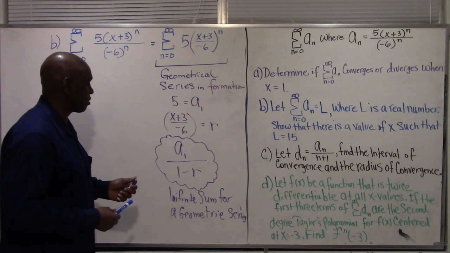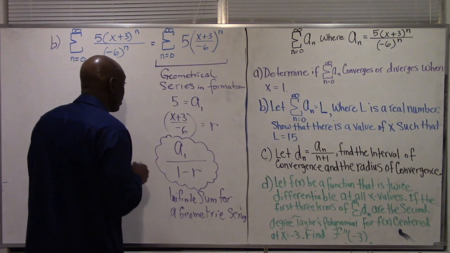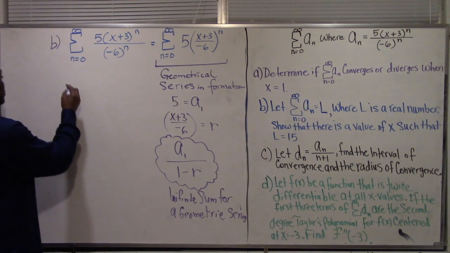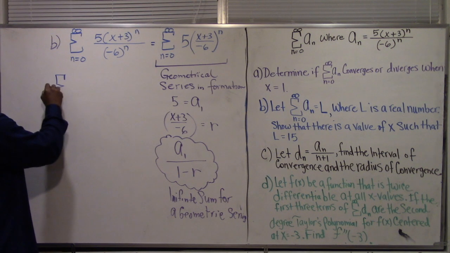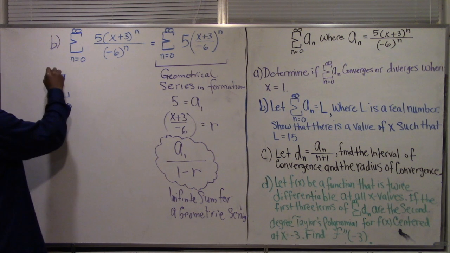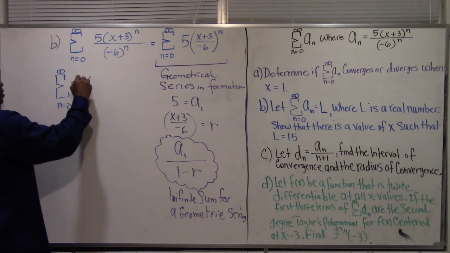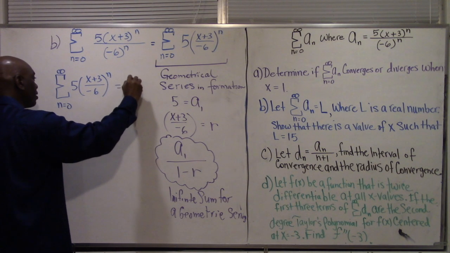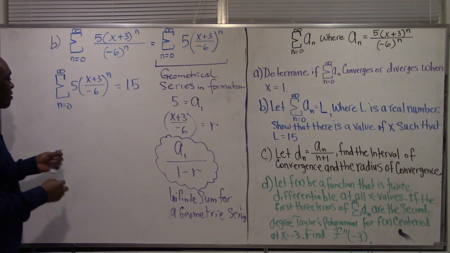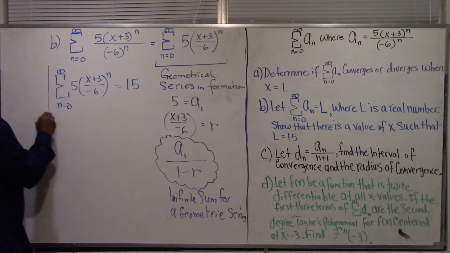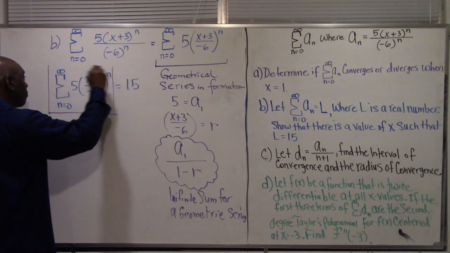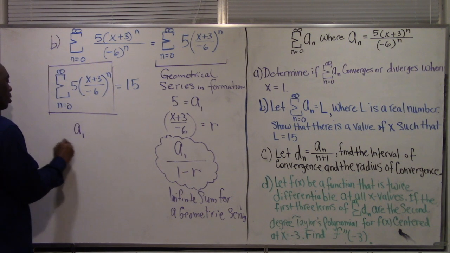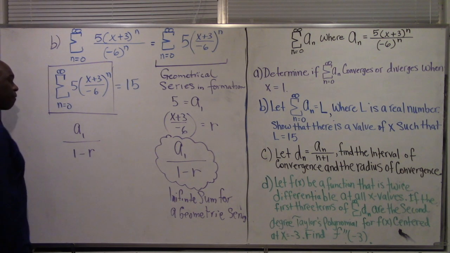So what we're saying in essence is that this right here equals 15. So the sum from n equals 0 to infinity of 5 times ((x+3)/(-6))^n equals 15. And if that's to be the case, then the infinite geometric sum can be represented as a_1 over 1 minus r.